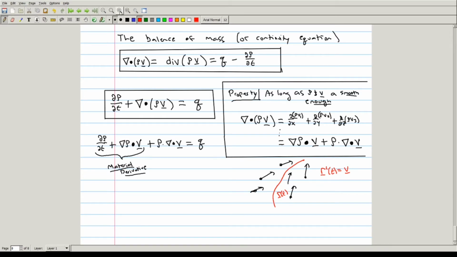You want to figure out the total derivative d/dt of the density function along r of t, where the density function is also an explicit function of time. By the multivariable chain rule, this is exactly equal to the partial derivative of rho with respect to t plus the sum of the partial derivatives of rho with respect to x, y, and z times the velocity component in each of those directions, which simplifies to this as we've shown before.